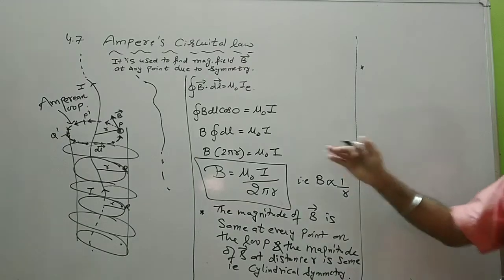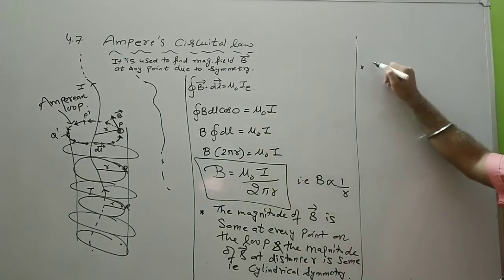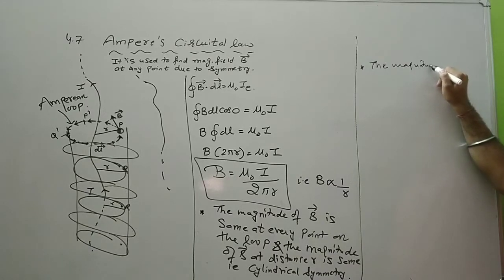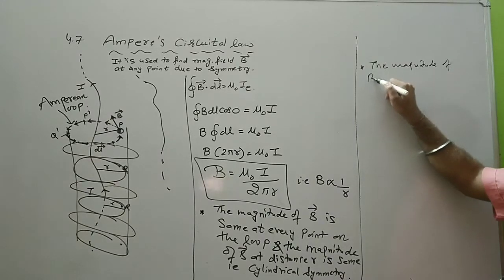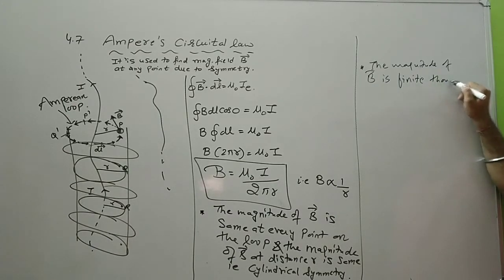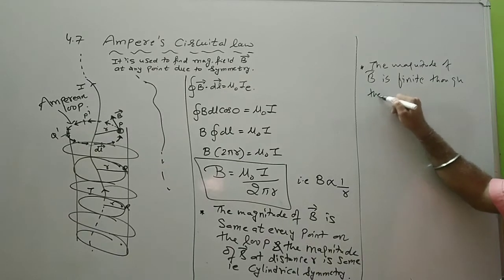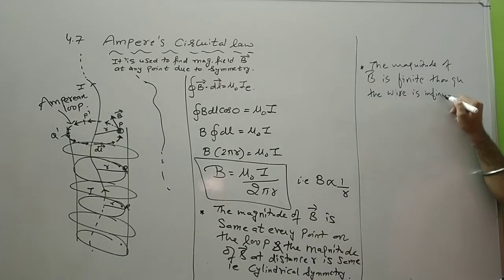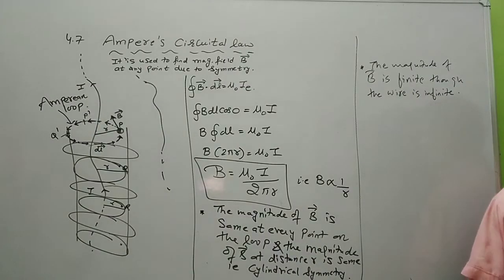So the important point about this is the magnitude of the B vector is finite, though the wire is infinite.